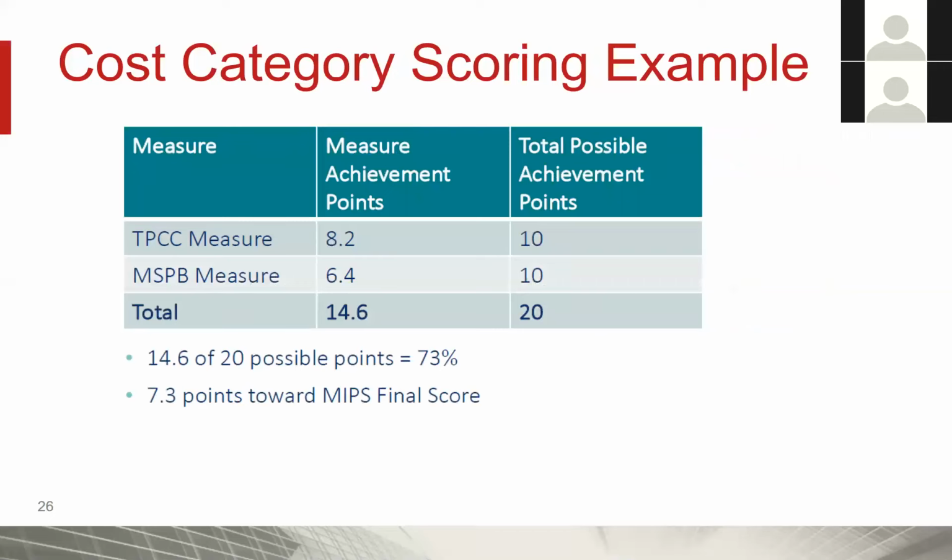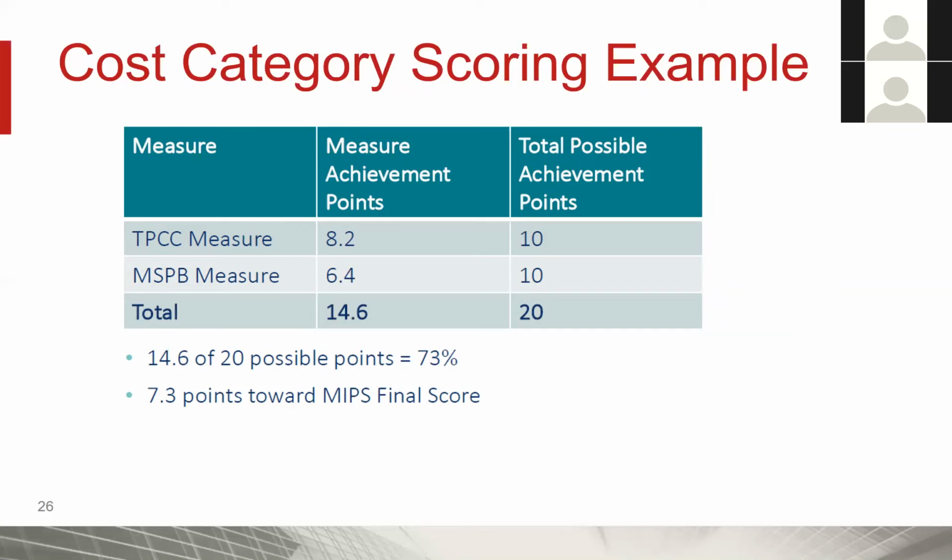For purposes of this slide, for this particular example, we're going to assume that both case minimums were met for each measure. As you can see, for this particular provider for the TPCC measure, they achieved 8.2 out of the 10 possible achievement points based on their claims data. And for the MSPB measure, they achieved 6.4 out of 10 possible achievement points.